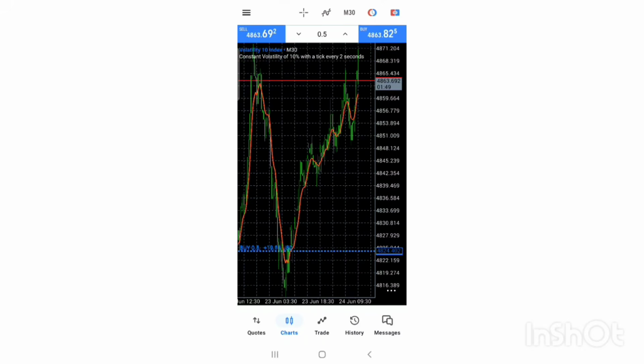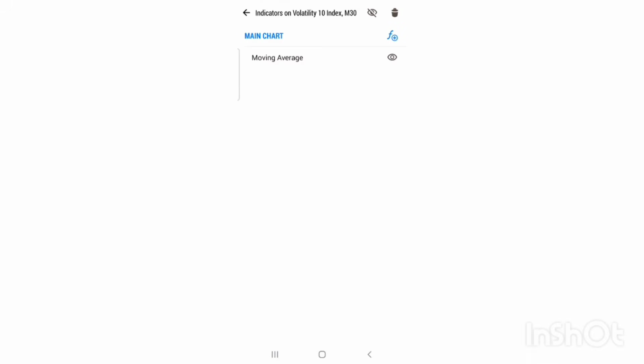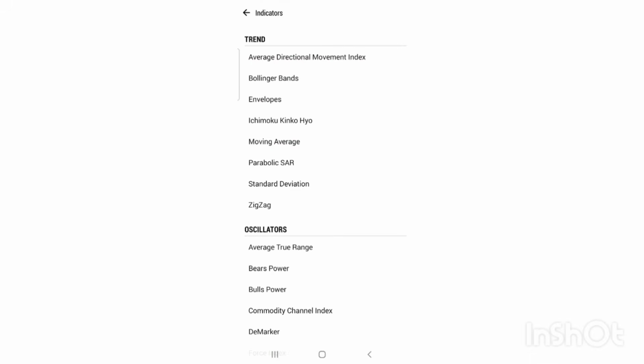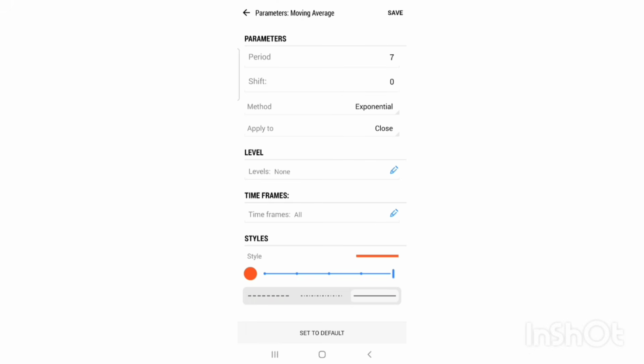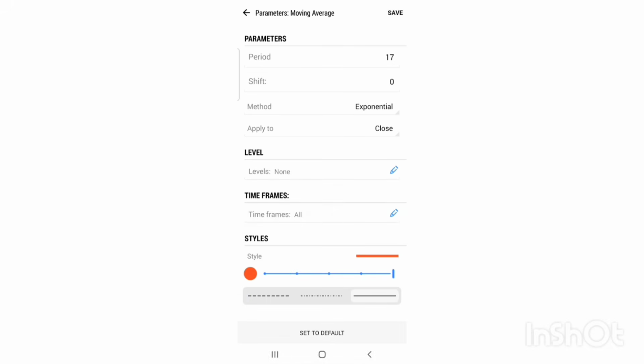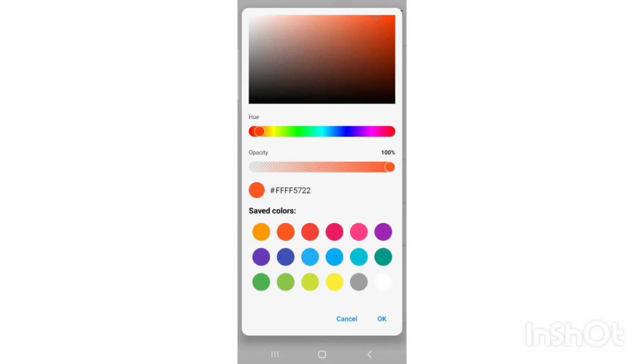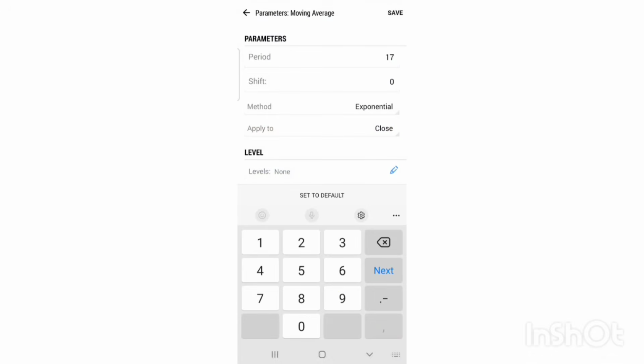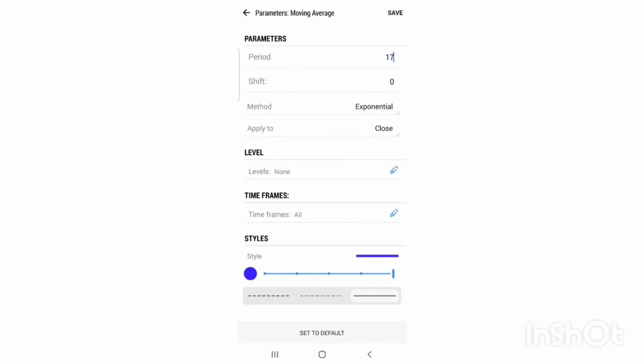After we added our 7 EMA, we are going again to click on the F sign, click on main chart, and look for moving average again, which will be our last moving average. Click on it. The period that we are using here, we have to change it to 17. Shift 0, method is exponential, apply to close, color of your choice. But here I have to change this color to blue, and the style is 4 pips.